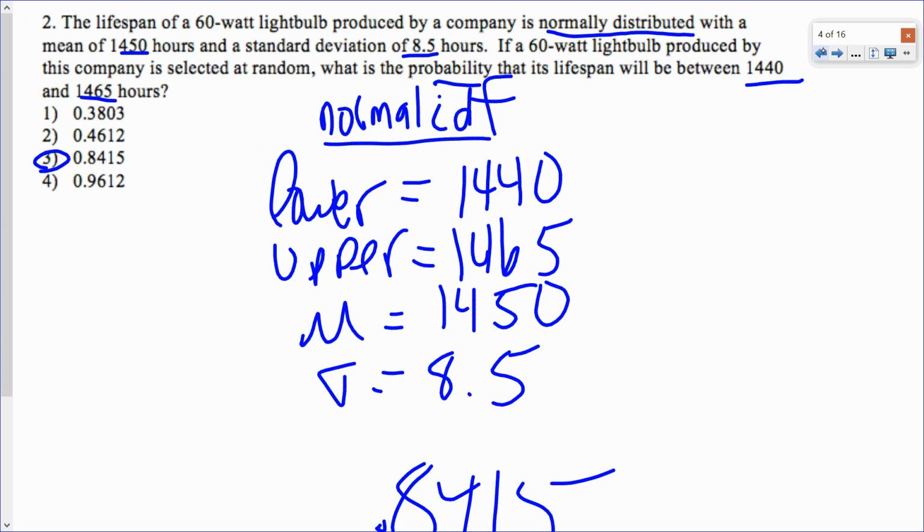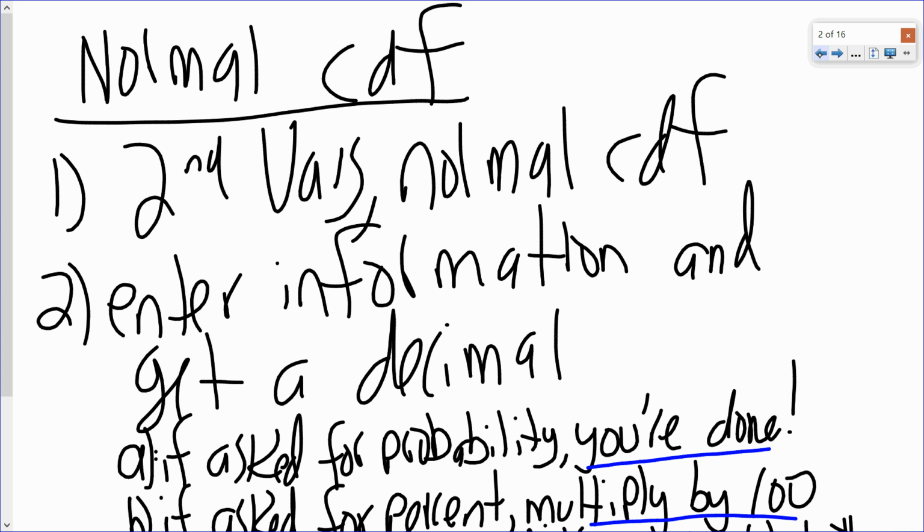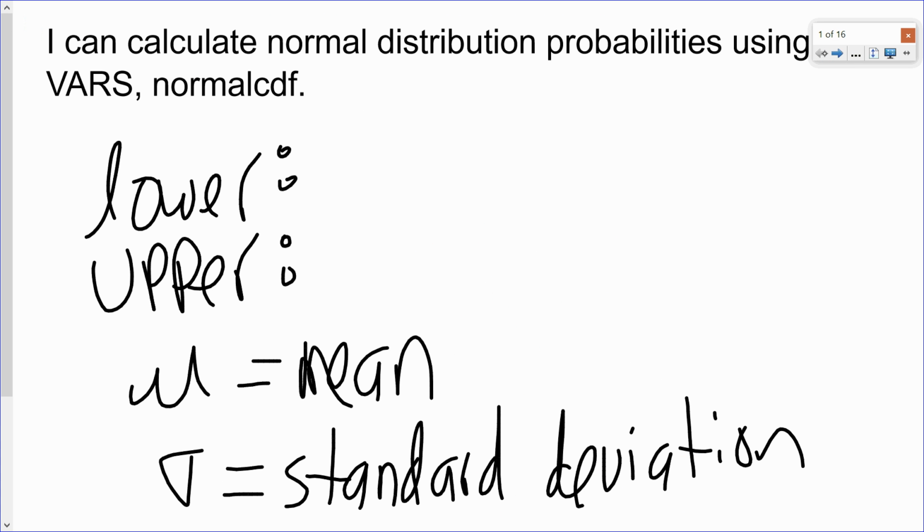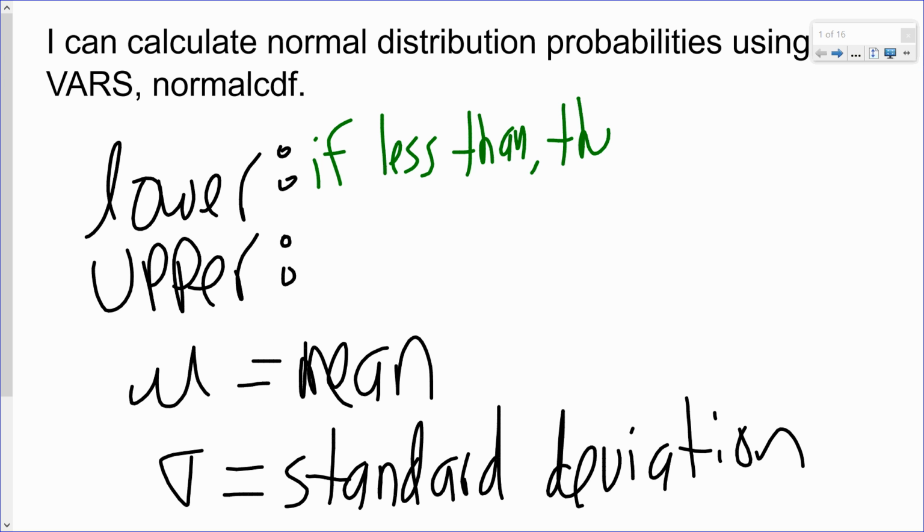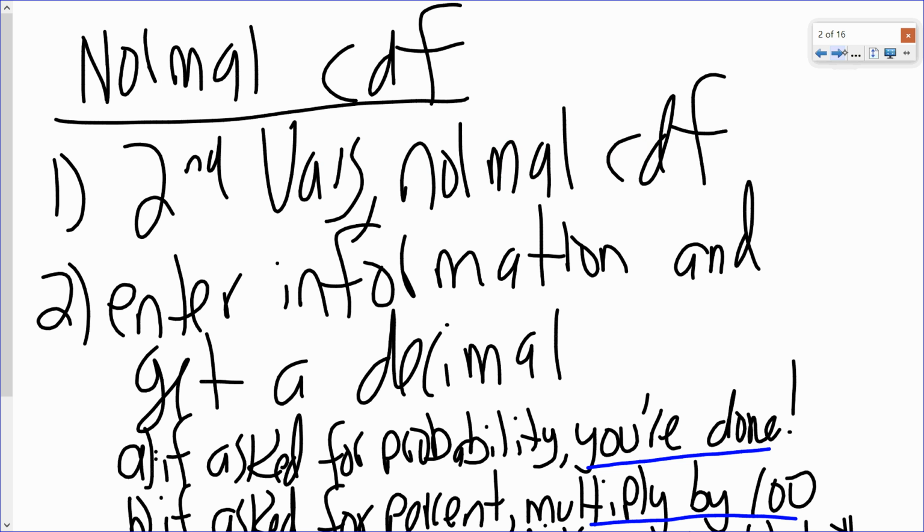So if you see less than, the lower is 0. Whenever you see less than, the lower bound is going to be 0.